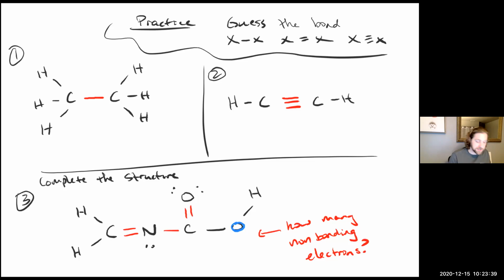And anytime oxygen has 2 lines coming off of it, that counts as 4 electrons. So there's 6, and there's our 8. So this oxygen should have 2 sets of lone pairs, or a total of 4 non-bonding electrons attached to it as well. This would be a complete Lewis structure where everything is an octet.